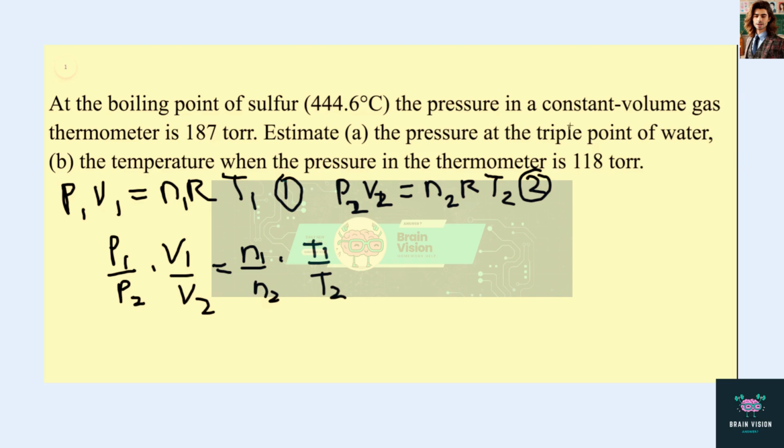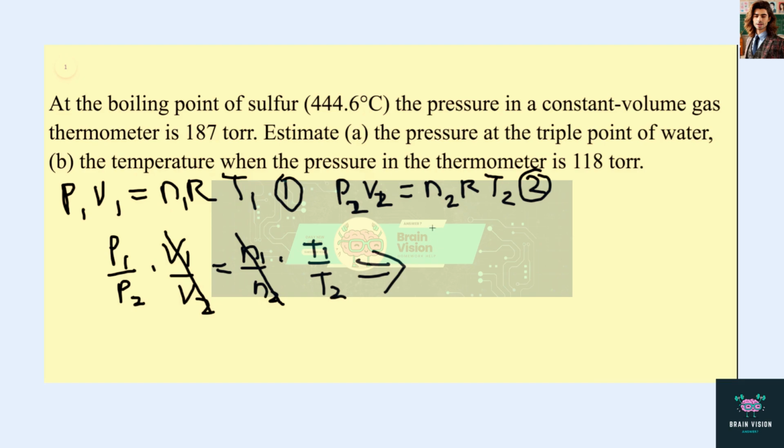Now, in a constant volume gas thermometer, we have a closed volume. So volume 1 is equal to volume 2 in any fixed state, and similarly the number of moles is equal on both sides. Hence we have P1 over P2 is equal to T1 over T2.